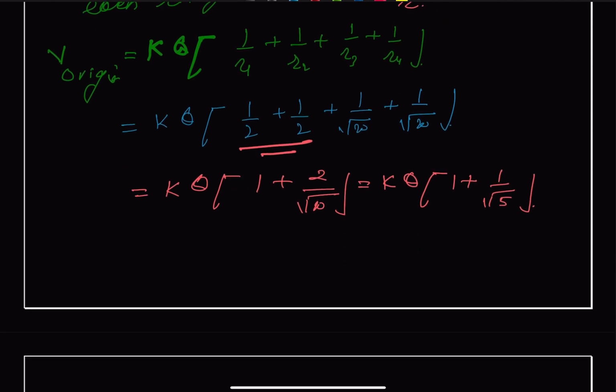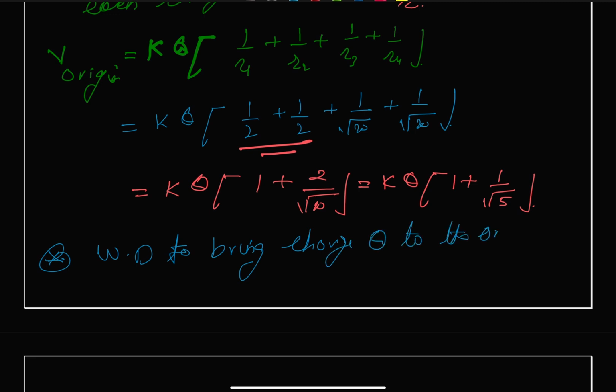So this is the potential at the origin. Now we can find out the work done to bring charge Q to the origin. That is, W will be equal to Q multiplied by the potential at the origin.